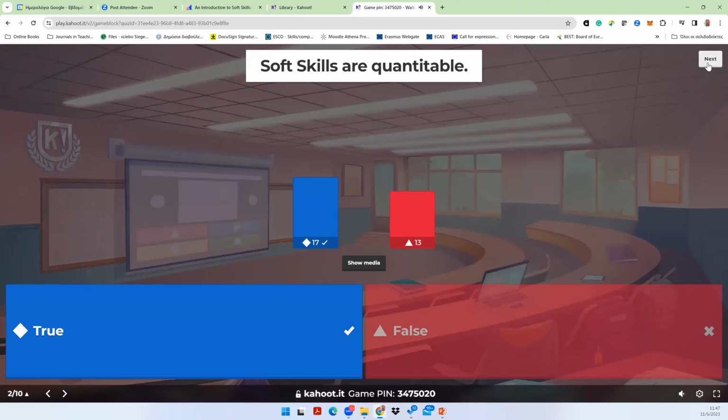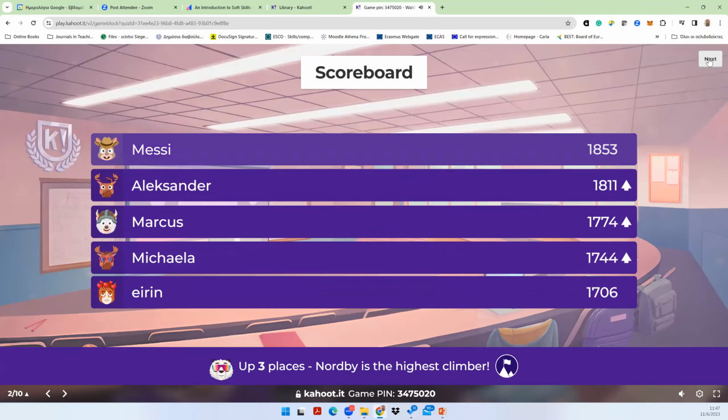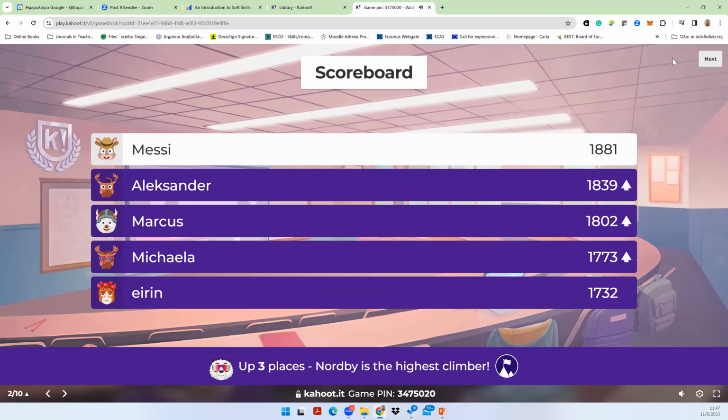So true, the majority in this case was true. Messi. There is a process that we have developed together with Hebrew University in Jerusalem, through which we try to quantify and evaluate the soft skills development. I will present it to you during the lecture.